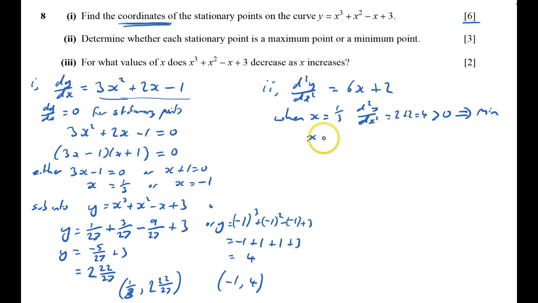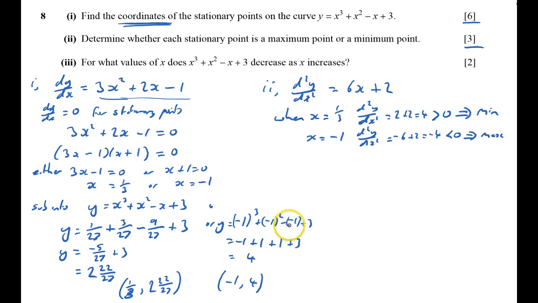And when x equals minus 1, d2y by dx squared equals minus 6 plus 2, which equals minus 4, which is less than 0, therefore that's a max. We've done that, got those 3 marks.